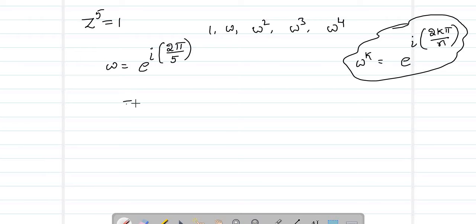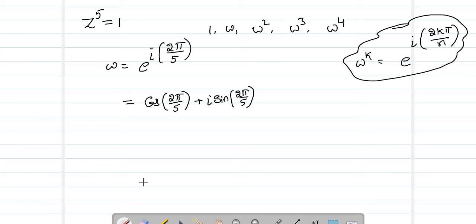Now using it, I can write cos of 2 pi by 5 plus i sine of 2 pi by 5. That's it. But do we know what is cos of 2 pi by 5? In the standard table, these values were not given, right? So we'll leave it like this.